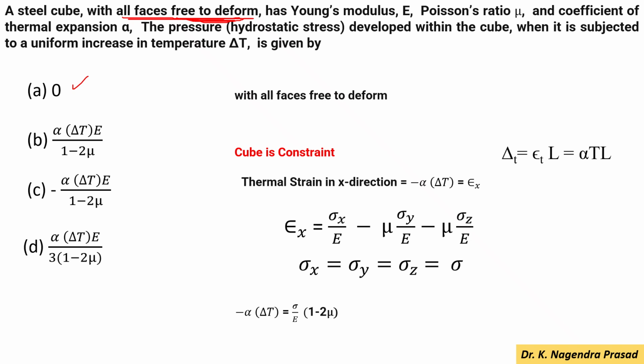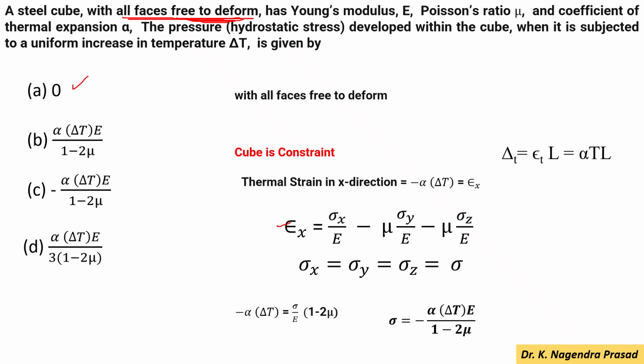Then epsilon x is sigma by E minus mu into sigma by E minus mu into sigma by E. That is epsilon x equals sigma by E into 1 minus 2 mu. Then this strain due to the hydrostatic stress equals the thermal strain, so minus alpha into delta T equals sigma by E into 1 minus 2 mu. So from here sigma equals minus alpha delta T into E divided by 1 minus 2 mu.